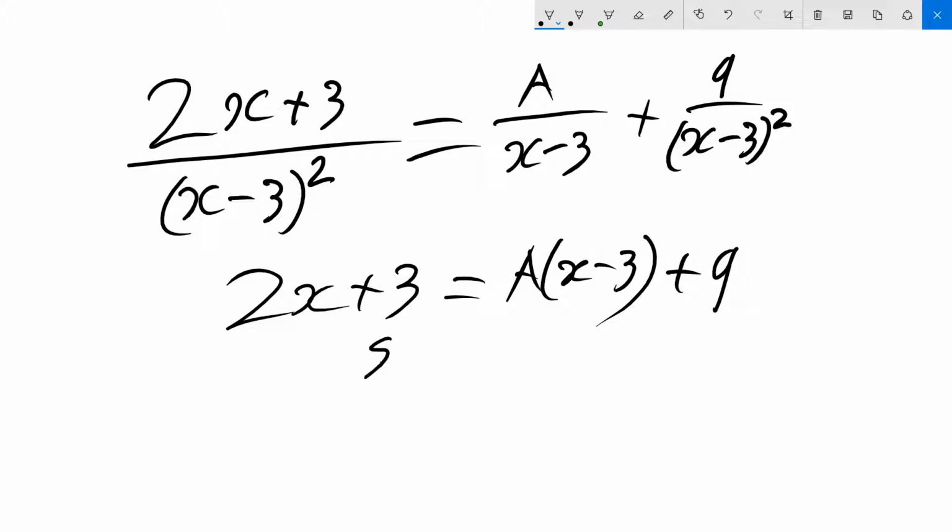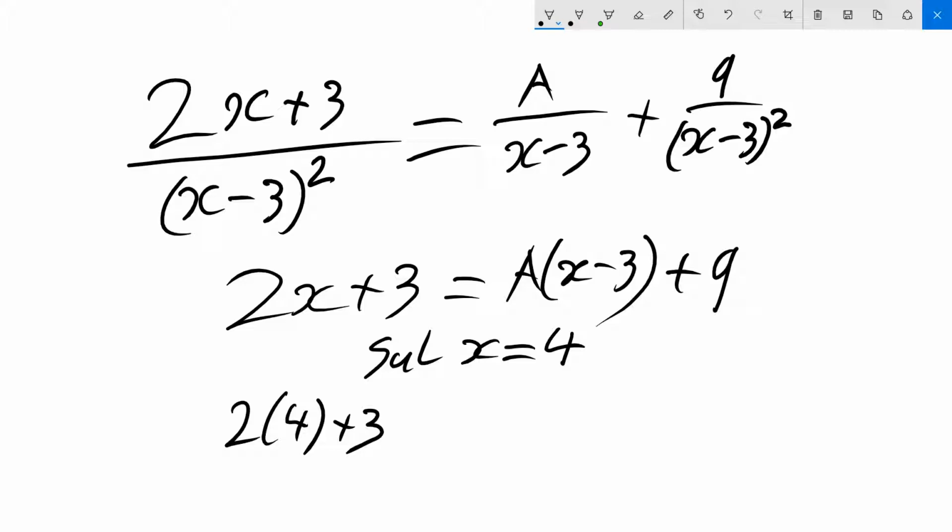So I'm going to sub x equals 4, so we get 1 lot of A. So we're going to get 2 lots of 4 plus 3, and I'm going to transpose 9 across now.